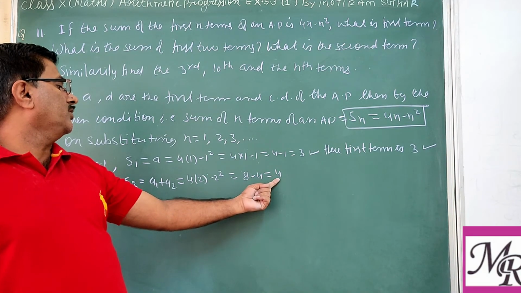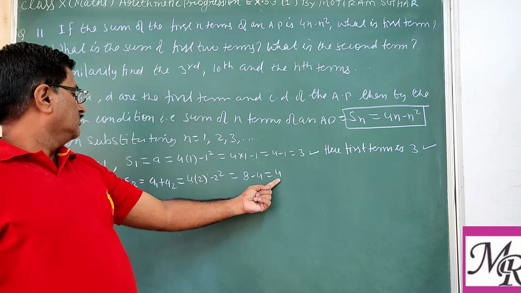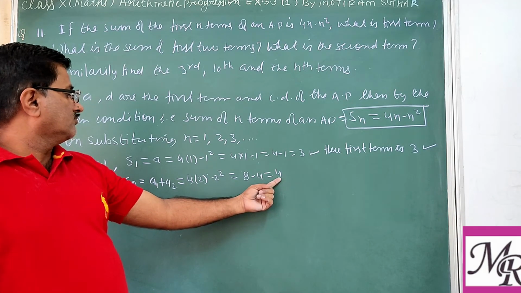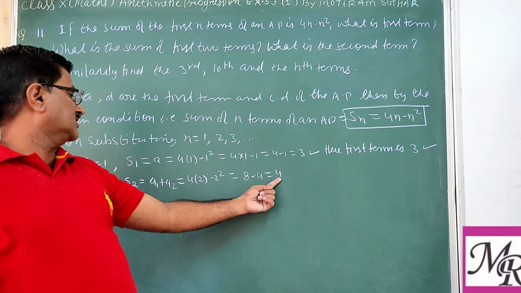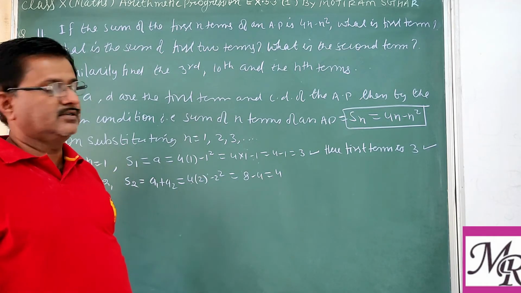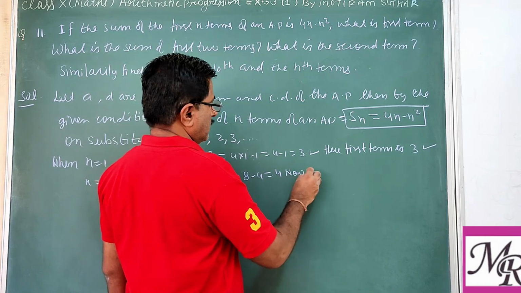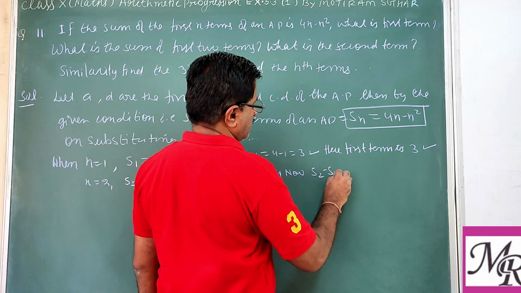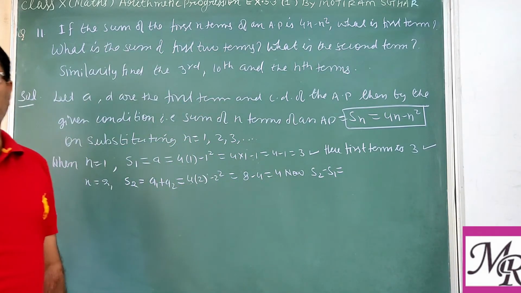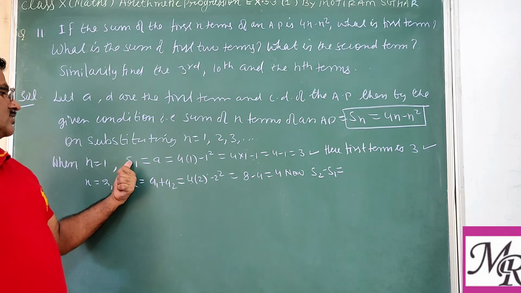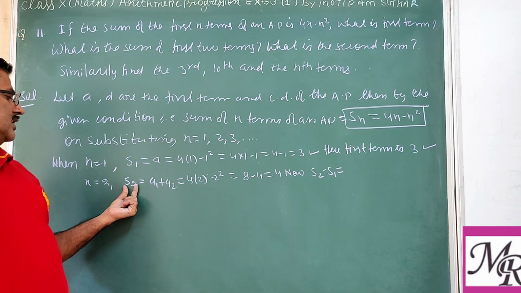So you already know 4 is the sum of the first and second term, but the first term is 3. Now see S2 minus S1. What is the meaning of S2 minus S1? S2 means the sum of the first and second term.